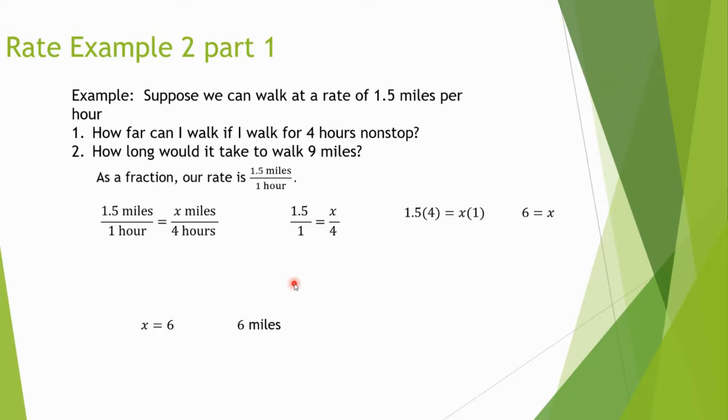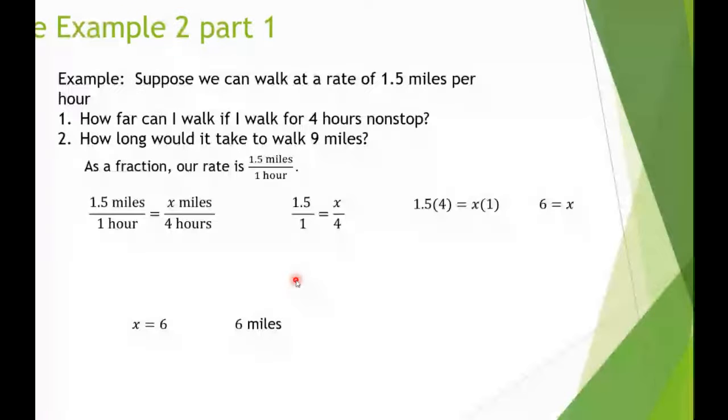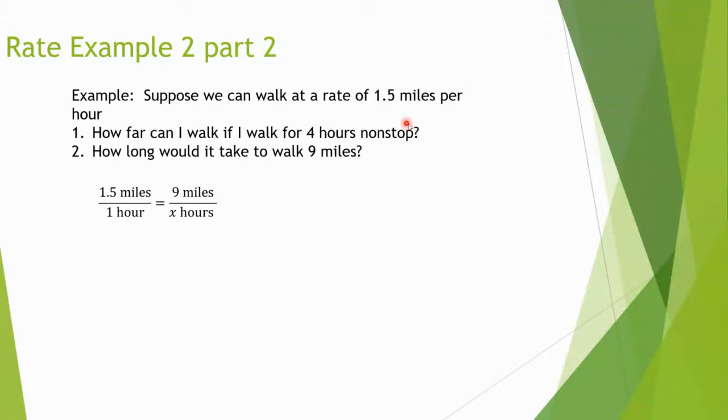So that's what we get here. Again, it's just using a proportion to solve this. So here's another one. Now we'll do part 2. How long would it take to walk 9 miles? So again, we're going to have the same rate from before, right? The 1.5 miles per hour.